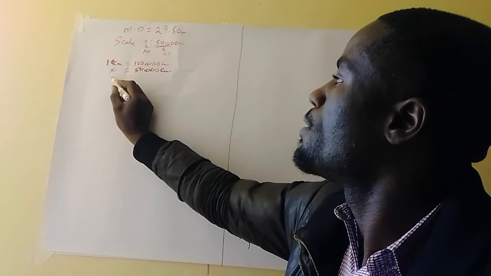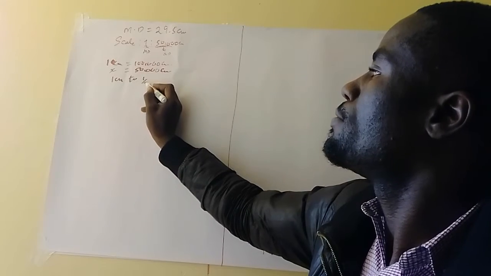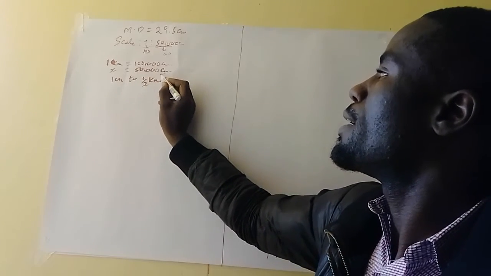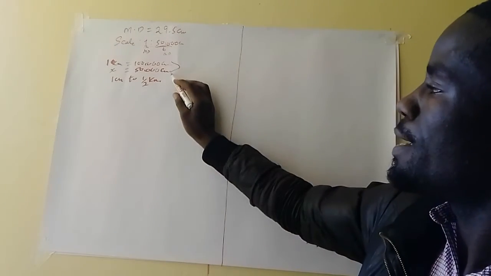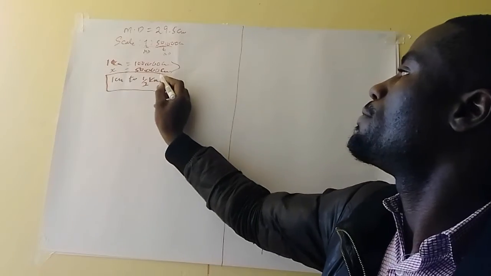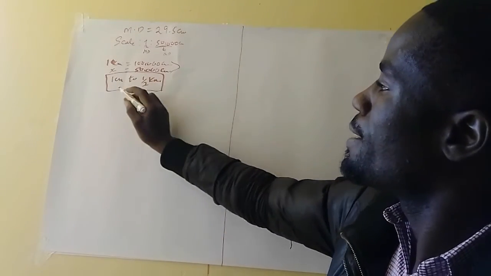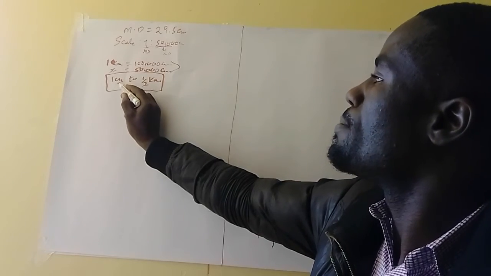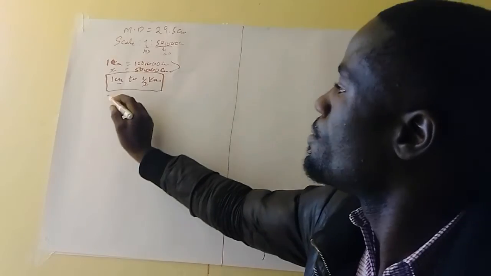So here we shall have 1 centimeter representing half a kilometer. We did these calculations in the previous lessons, and we know that 1 centimeter represents half a kilometer. So whenever we see a centimeter on the map, that is half a kilometer on the ground.